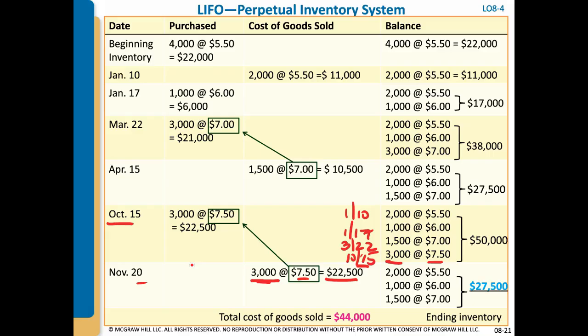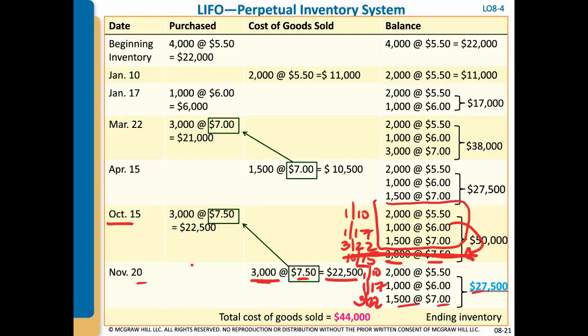Since I've used the entire 3,000 units from my October 15th layer, I don't have it anymore, so I just bring the rest of these down to my ending inventory. I still have my January 10th, January 17th, and March 22nd batches remaining.